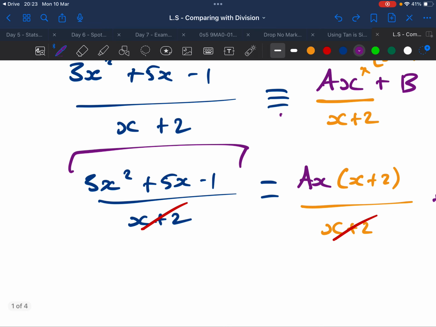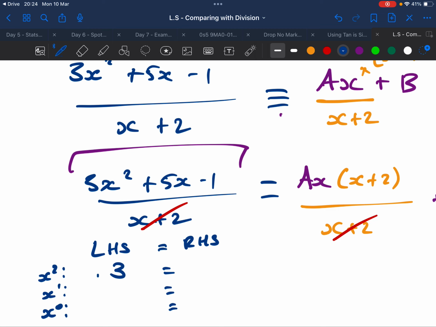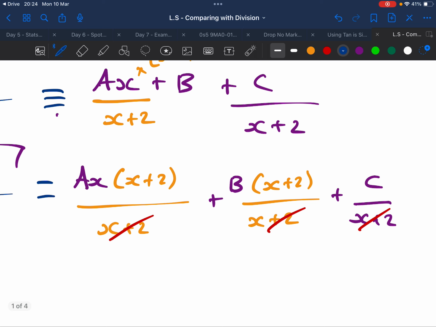So on the left-hand side, whatever's there will be equal to the right-hand side for an identity. So on the left-hand side, there's how many x squared, how many x's, how many constant terms. Well, we're going to just work them out and compare them. So there are 3 x squareds on the left. How many are there on the right?